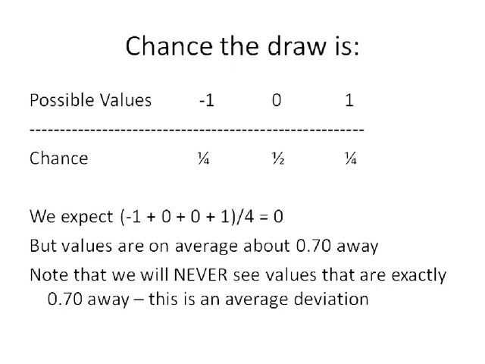So on the average, you're going to be 0.7 away. You'll notice that you'll never be exactly 0.7 away, because you'll either be 1 away or -1 away. But on the average, you'll be 0.7 away.